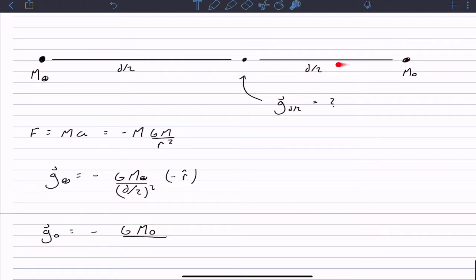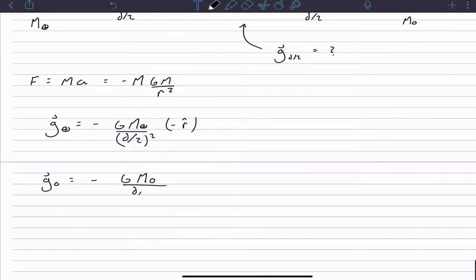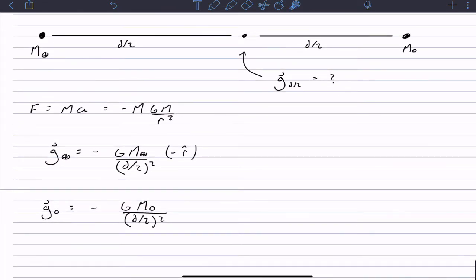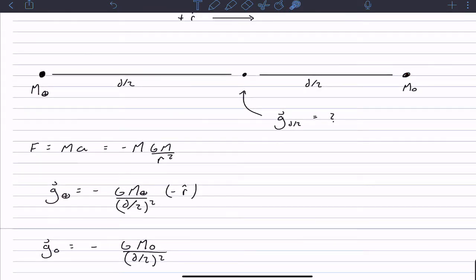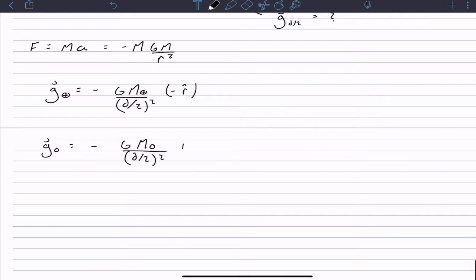So this is going to be d over 2, because we're trying to find the overall gravitational acceleration at this point. So d over 2 squared here, and now the Moon is pulling gravitationally in this direction, which is the positive r hat direction.